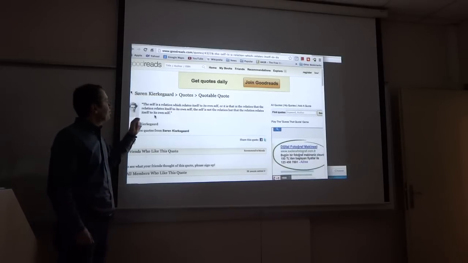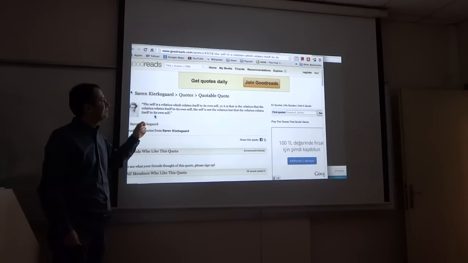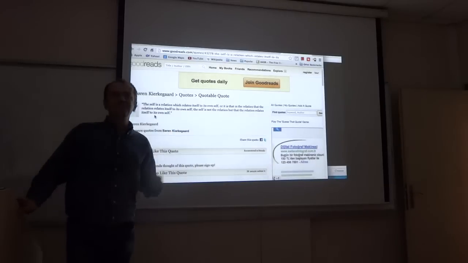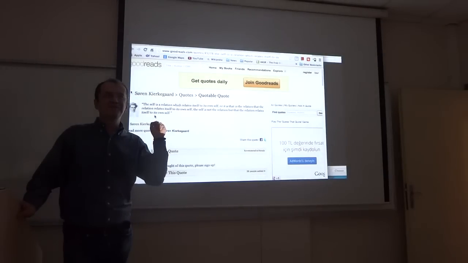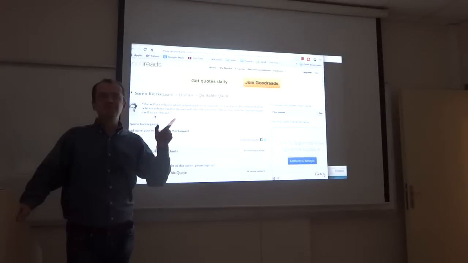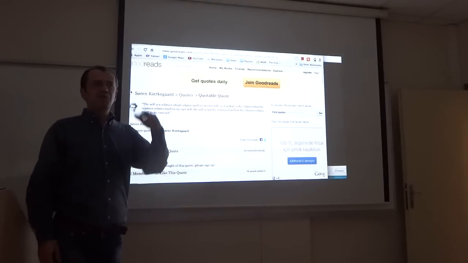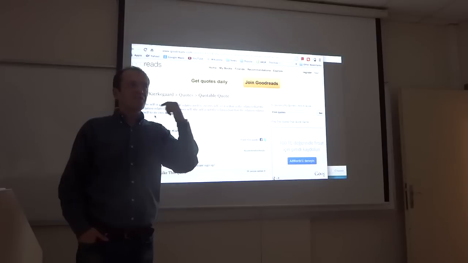The self is a relation which relates itself to its own self, or it is that in the relation, the relation relates itself to its own self; the self is not the relation, but that the relation relates itself to its own self. Here he is explaining the decorator way back in the 1700s or so. I don't know, I forgot. For many years, many philosophers thought this was a joke.